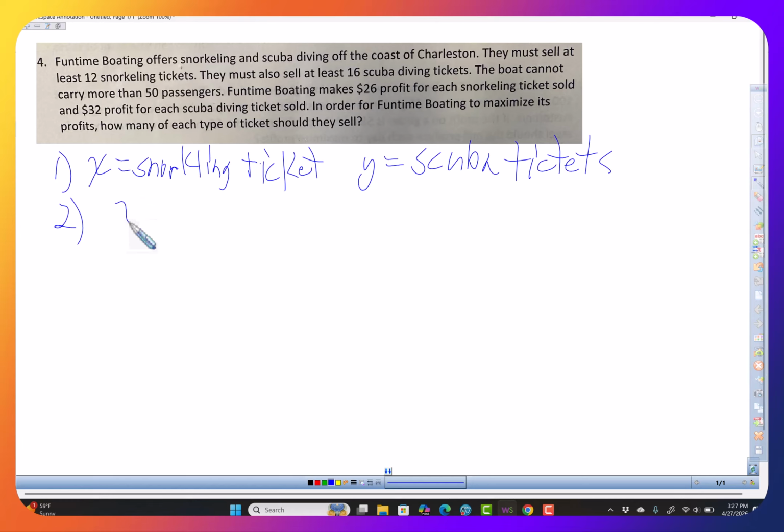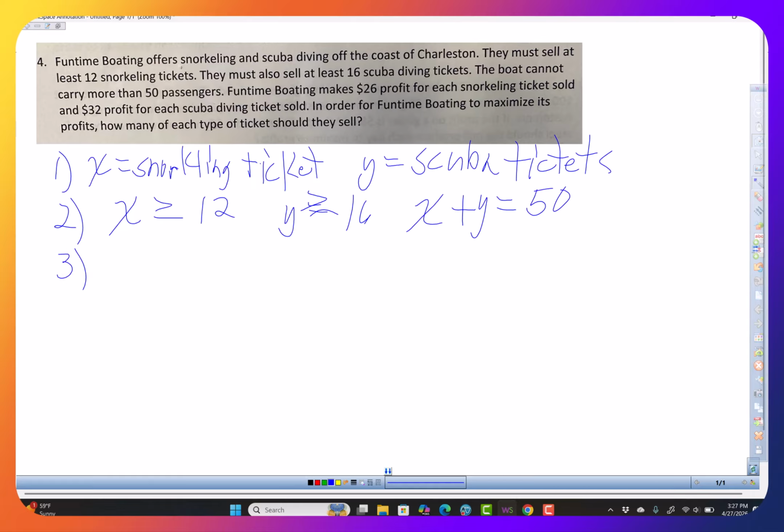So they told us X has to be greater than or equal to 12. Y, which is scuba tickets, has to be greater than or equal to 16. And the boat cannot carry more than 50 passengers. So that's X plus Y equals 50.